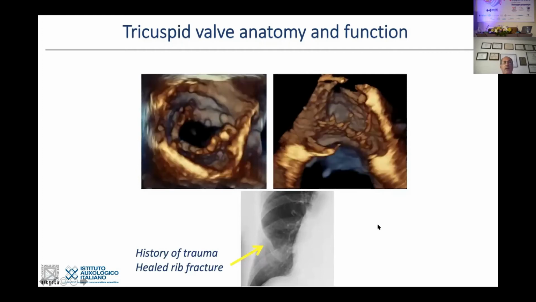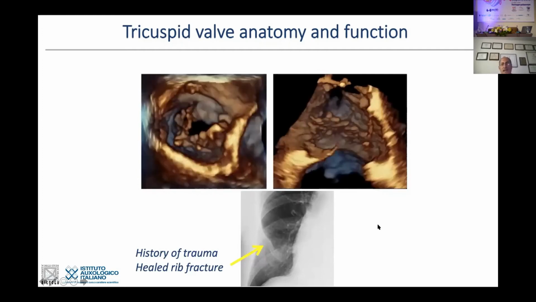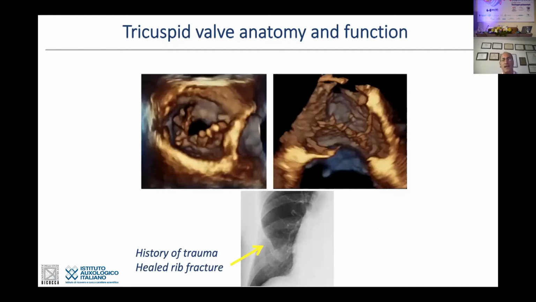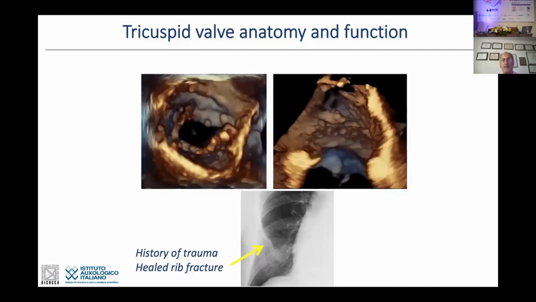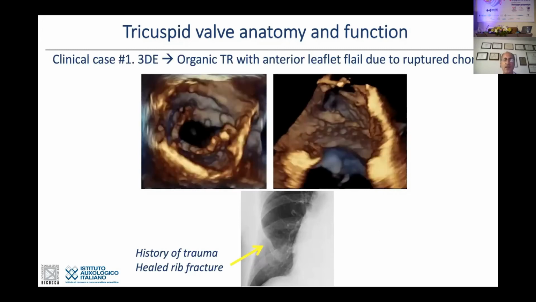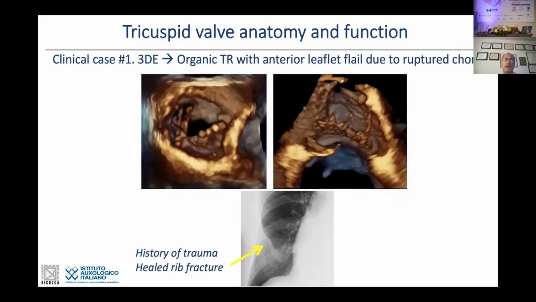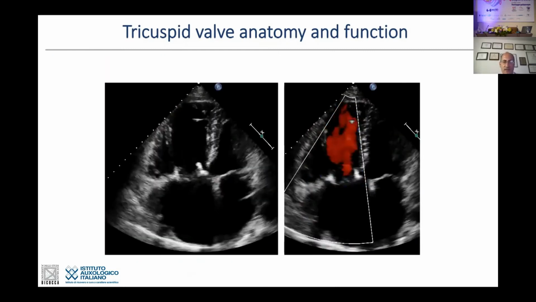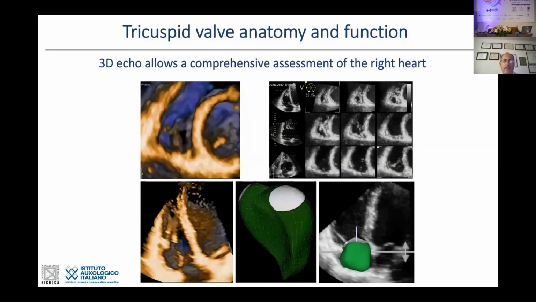So probably what we were seeing at that moment was the end of a long clinical history of traumatic tricuspid regurgitation. And of course, this changed completely the surgical plan. No more repair of this valve, which should be replaced, and this was done quite successfully.